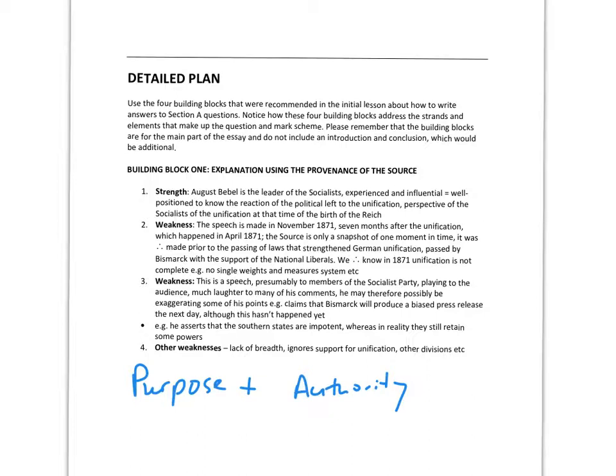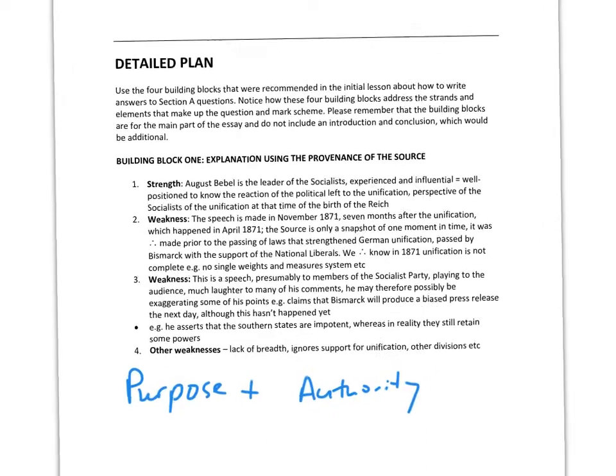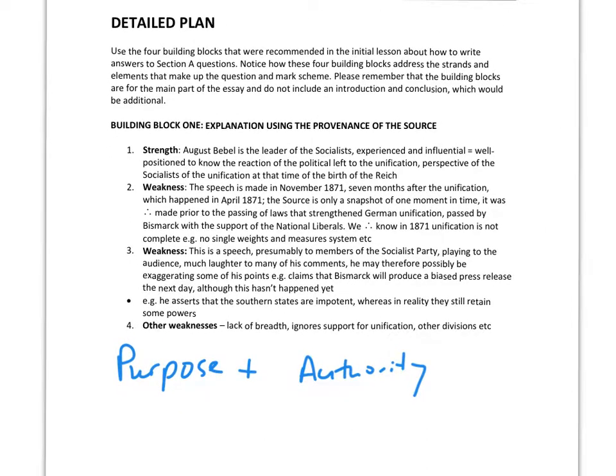Okay, so again, what I would do is pause this podcast and read what you've got in front of you, and then I'll give a quick comment. Okay, so obviously a key strength is that Bebel is the leader, or joint leader, of the socialists, which means his experience is influential. He's well positioned, that's authority, isn't it, to know how the political left would react to the unification.